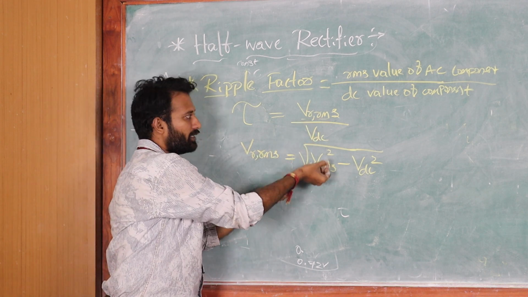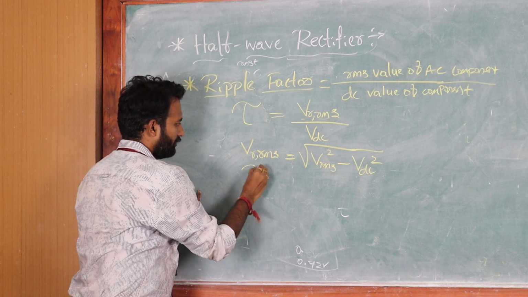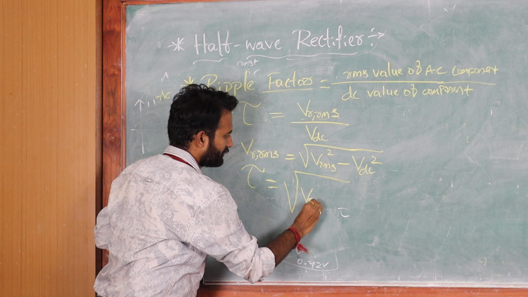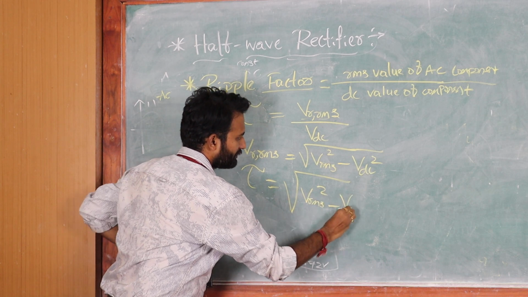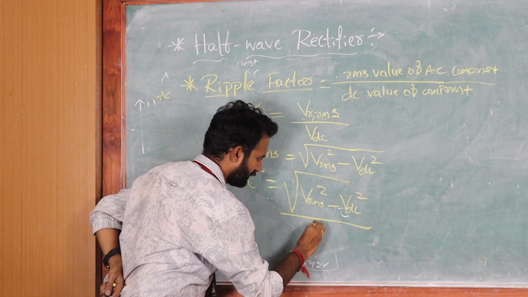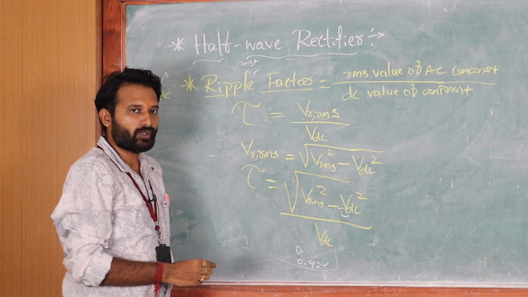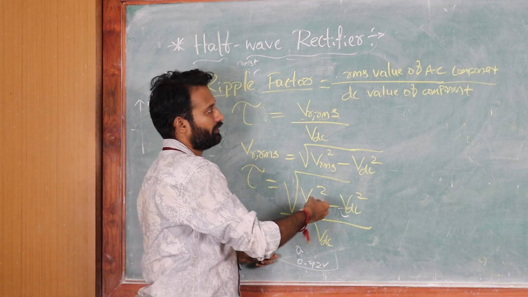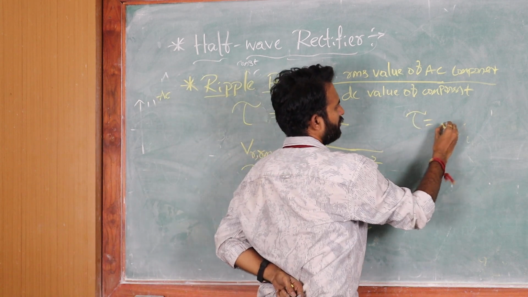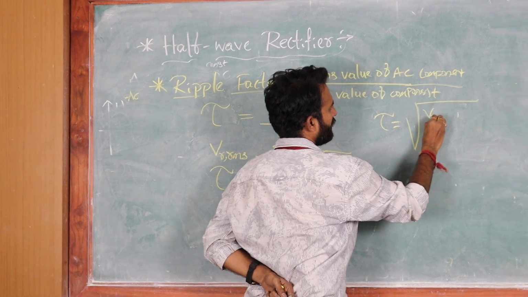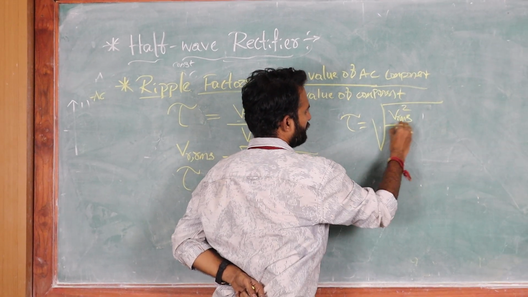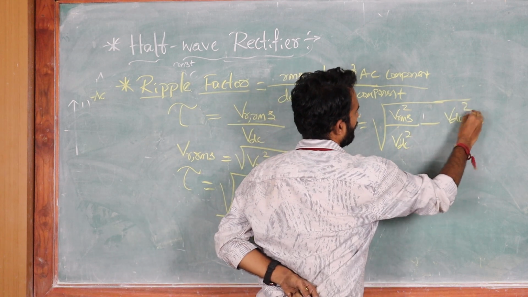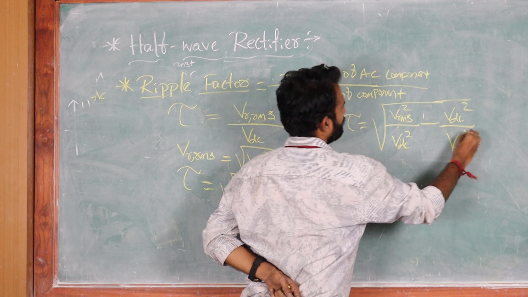Just substitute this value in the above equation. Tau is equal to the square root of V_RMS square minus V_DC square, divided by V_DC. This can be modified: tau is equal to the square root of V_RMS square divided by V_DC square, minus V_DC square divided by V_DC square.